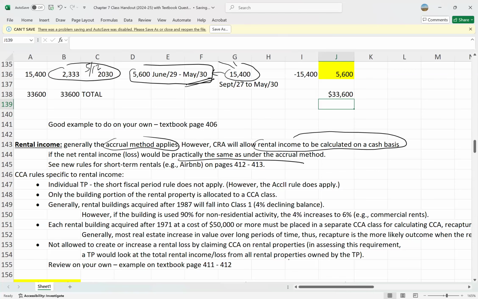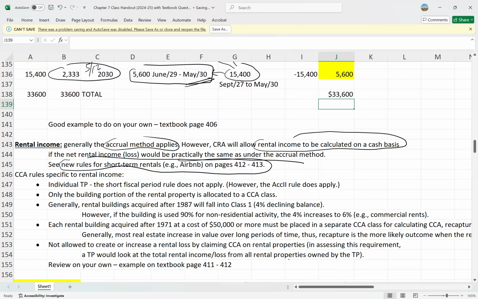Now, there are some new rules related to short-term rentals, like Airbnbs, that are talked about on pages 412 and 413. You can just read through those on your own. Basically, it penalizes short-term rentals if they are being provided in a city or municipality that does not allow short-term rentals.